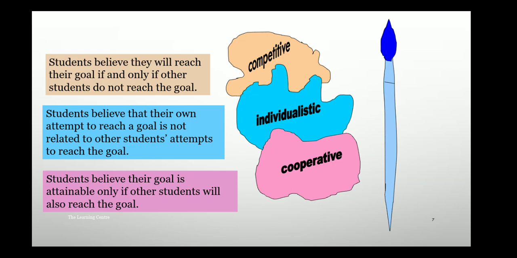In cooperative, students believe their goal is attainable only if other students will also reach the goal. So all of them should reach the goal together, cooperatively.